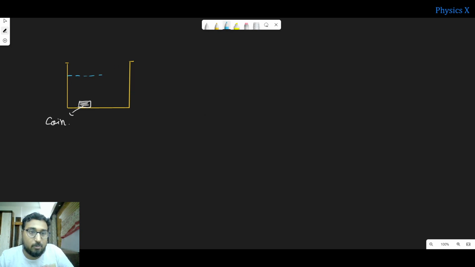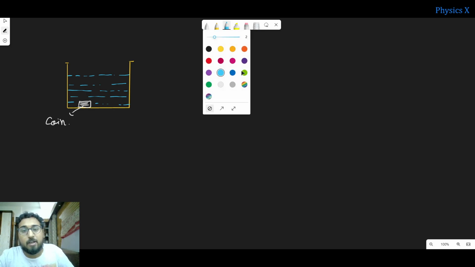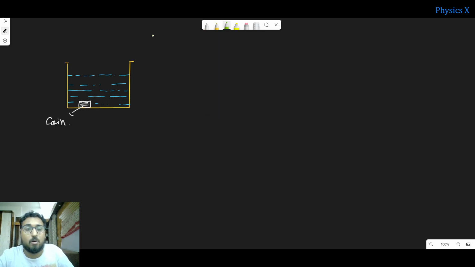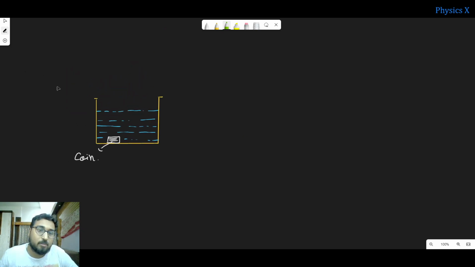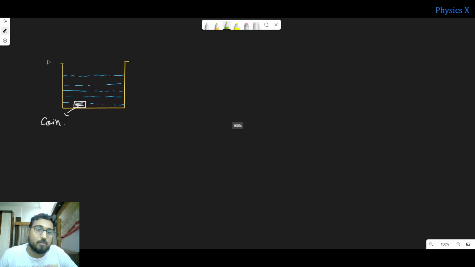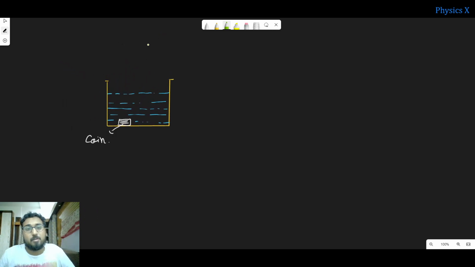Let us mark the water by this. A coin is immersed in the container, and you are observing from somewhere like this.